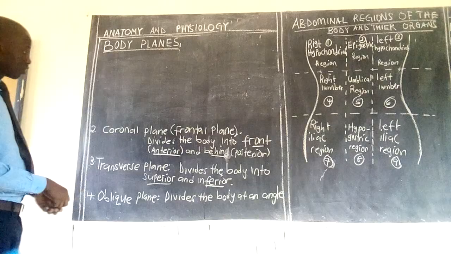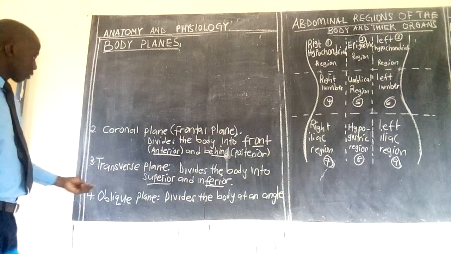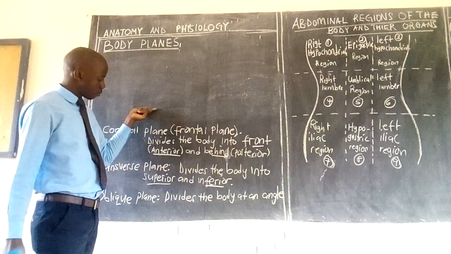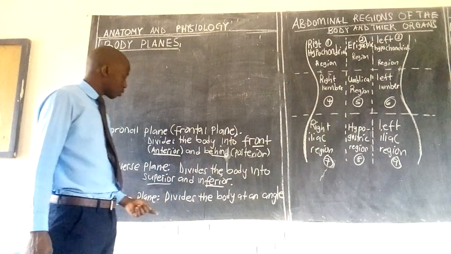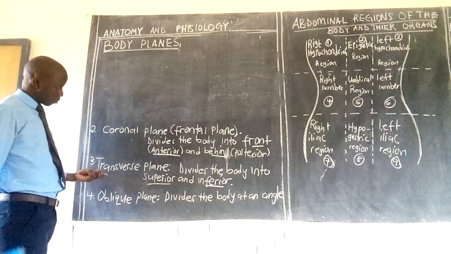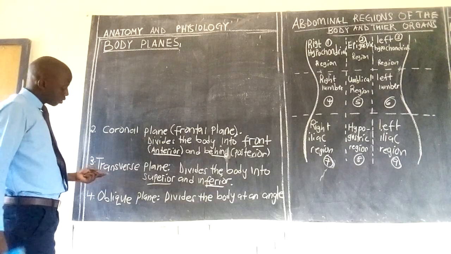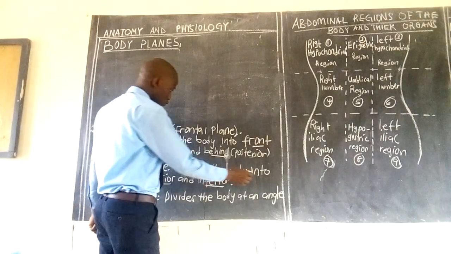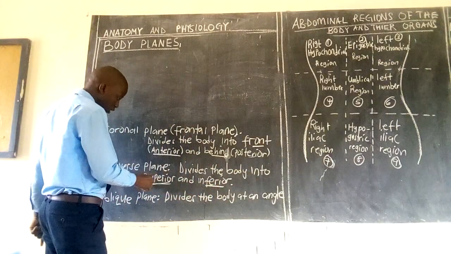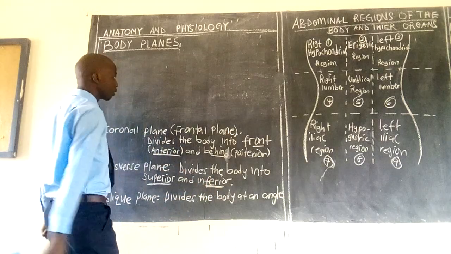From our terminologies, we said superior means up and inferior means down. Meaning this line of dissection of this transverse plane is going to divide this body into superior and inferior.